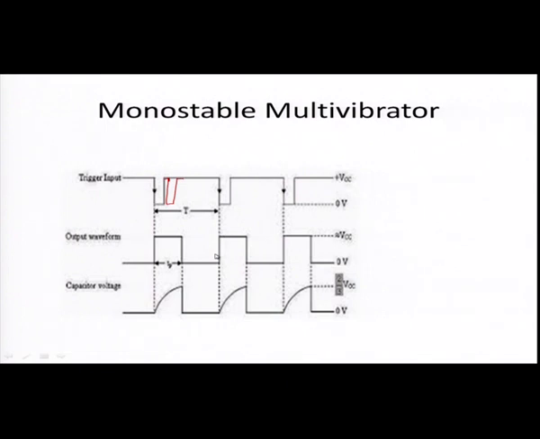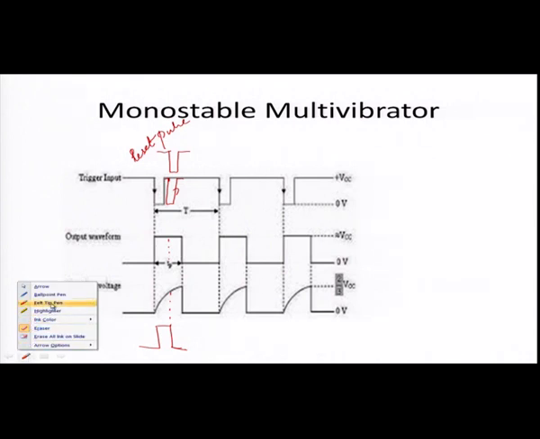And if, instead of this negative pulse, I have a reset pulse here, if I apply a reset pulse here, then immediately the output will go to negative. That is the importance of the reset input in the timer circuit.